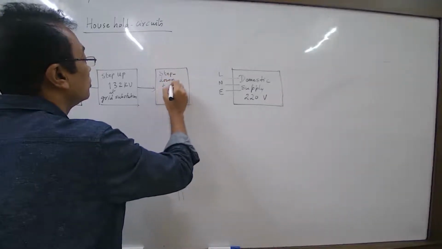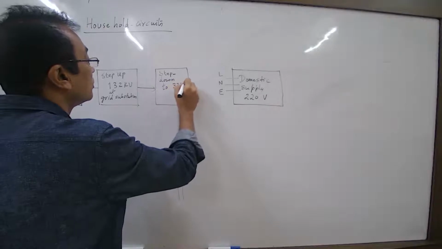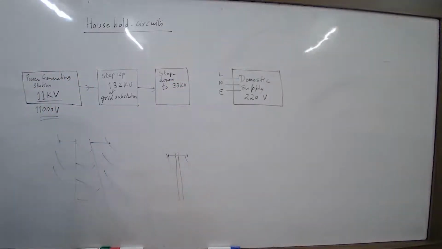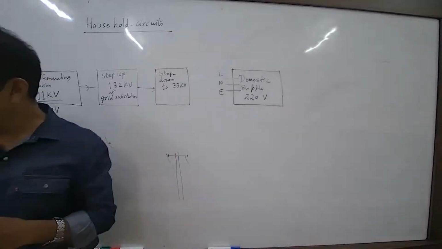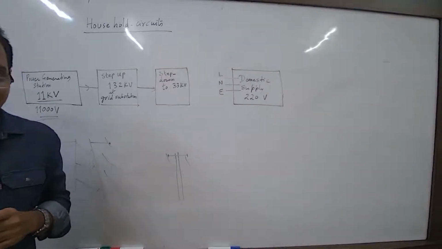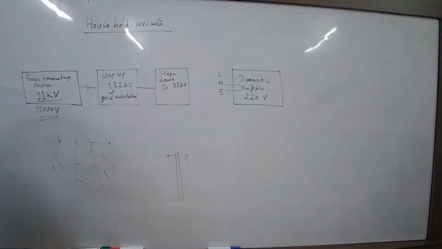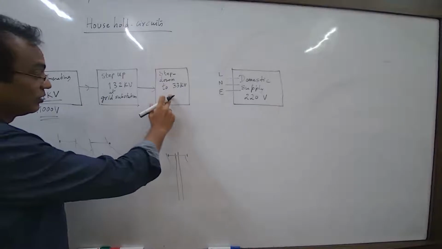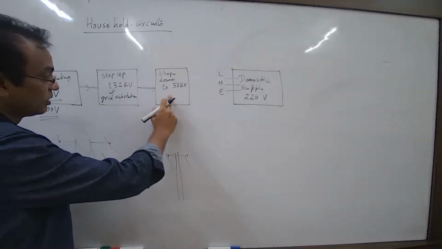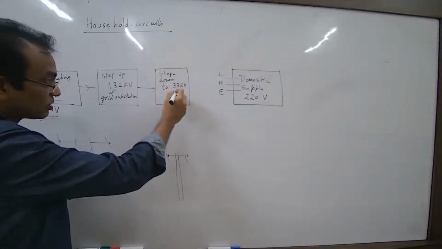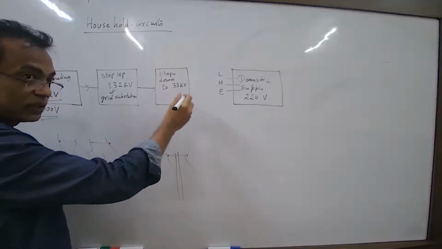Step down is the process. It is stepped down to 33 kilovolt. So 33 kilovolt supply is needed to power industries.